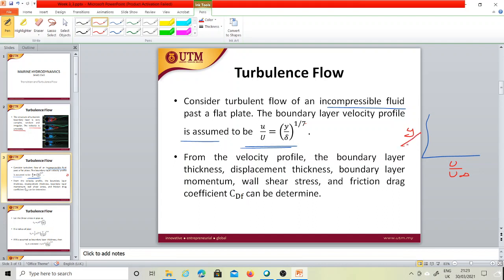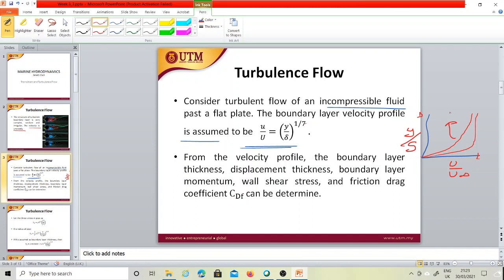Okay, so if you have y by delta, and you want to draw the plot in non-dimensional form, that is 1 and 1. In the case of the turbulent flow, the profile is like this, okay? And in the case of laminar flow, it is either proportional or, most of the time, actually parabolic, okay? My drawing is not accurate.